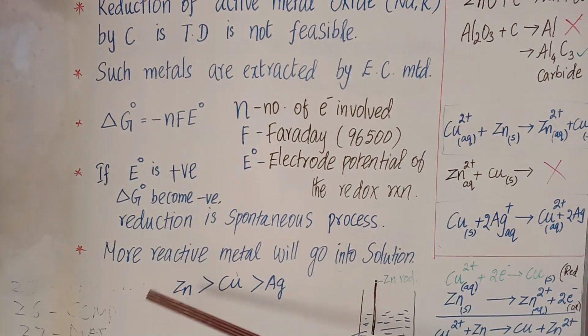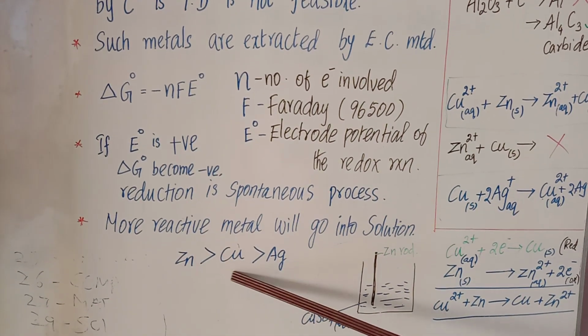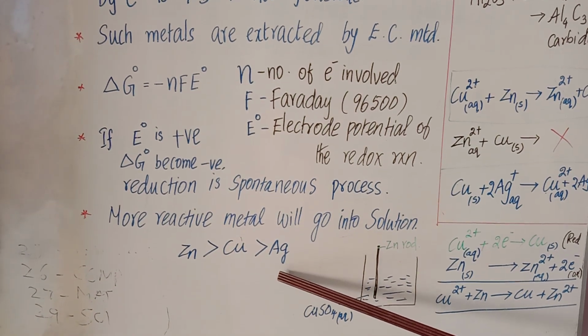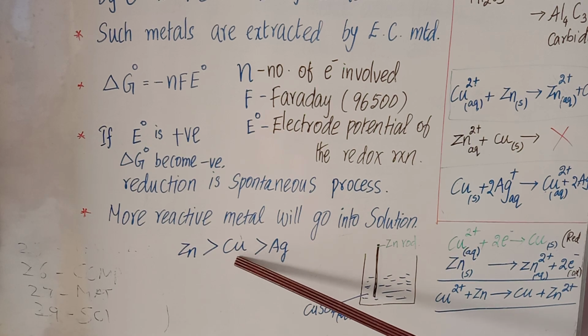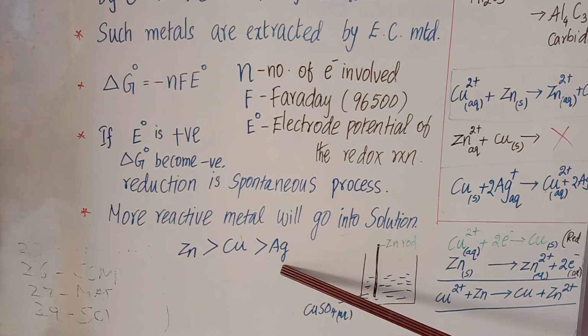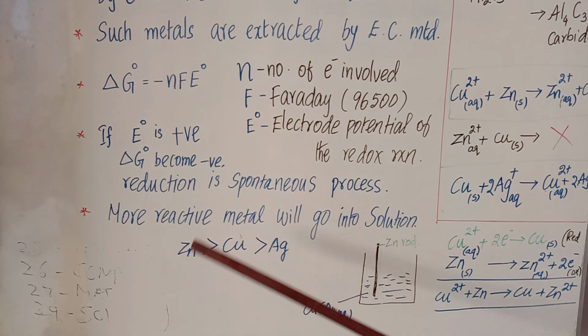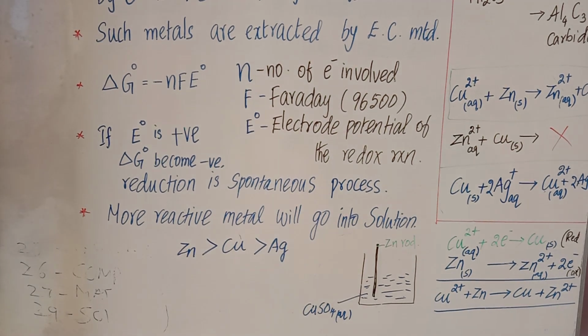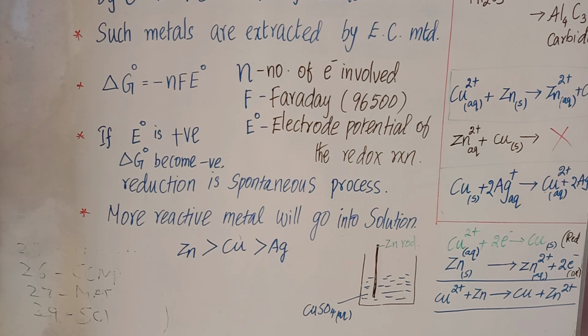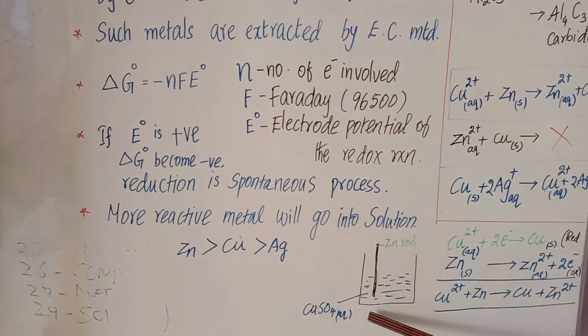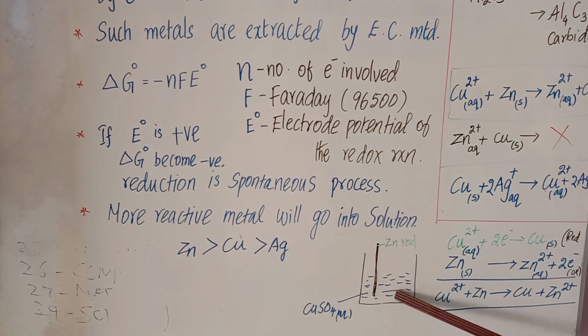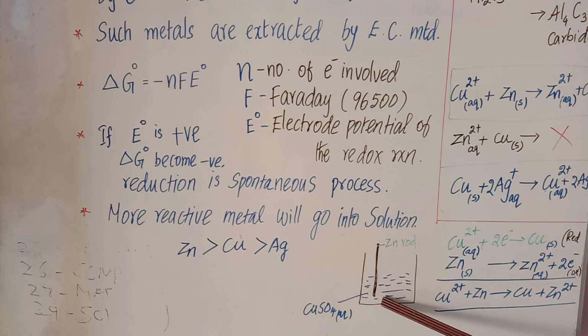And next, this is the order of reactivity of the metals. Zinc is more reactive than copper. Copper is more reactive than silver. So, when a more reactive metal is added to a less reactive metal ion, the more reactive metal will go into solution. See, for example, here copper sulfate is taken in a beaker and a zinc rod is kept in the beaker.